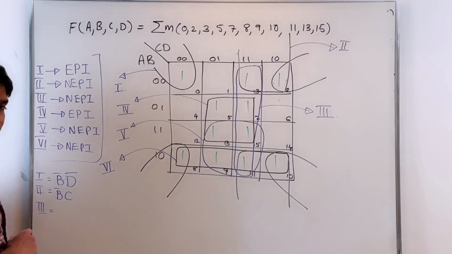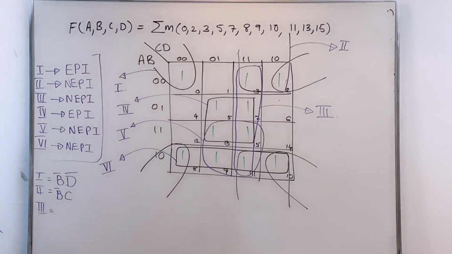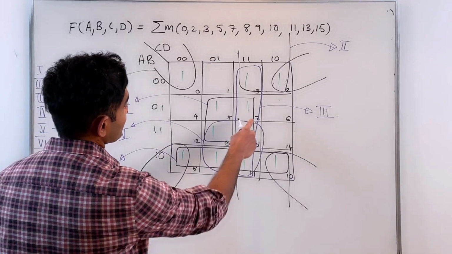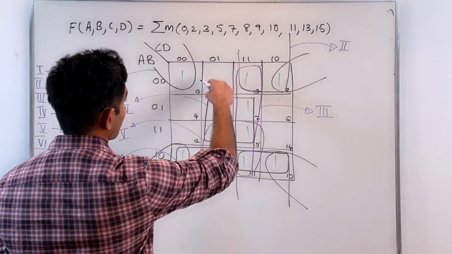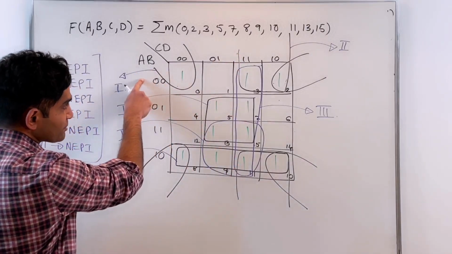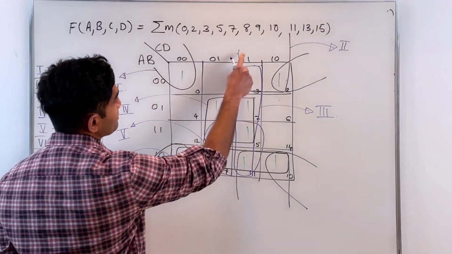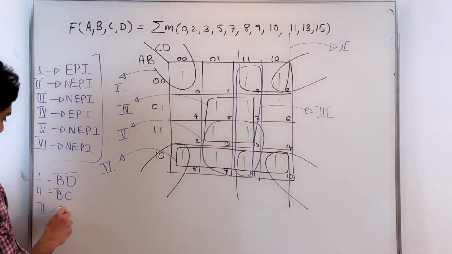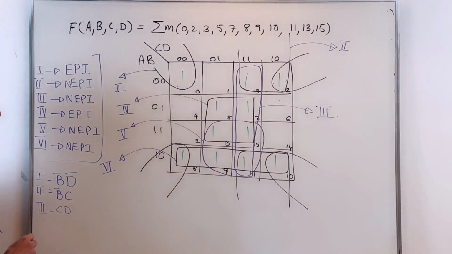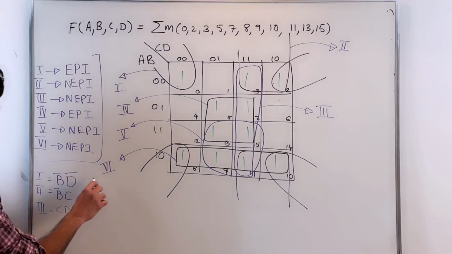Okay. Third is this column. Obviously, when I go down, A and B change, so A and B get eliminated. What remains is CD. Those are the ones that do not change as they go from one cell to the next. Okay. 1, 2, 3, 4.